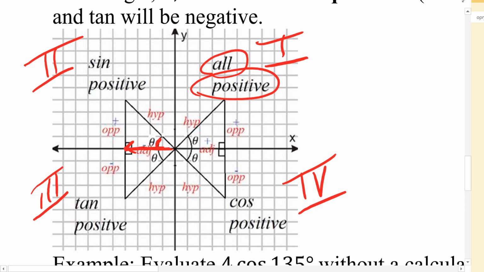For tangent, opposite over adjacent, the opposite is positive because it's up, that's a positive y value, so it's positive over negative. Tangent is also negative in the second quadrant. But sine, opposite over hypotenuse, is positive over positive. So for angles between 90 and 180, you always get a positive sine function. Cosine and tangent will be negative.